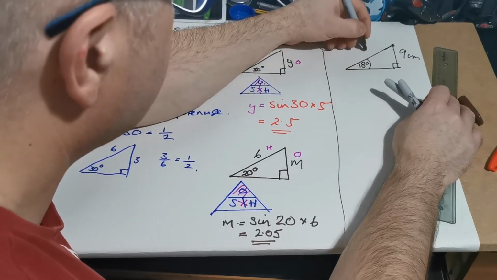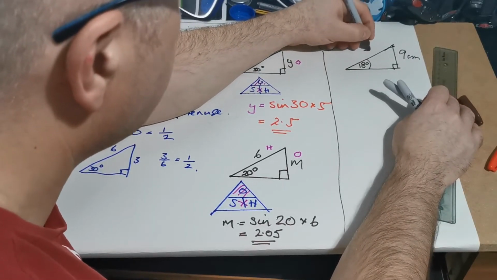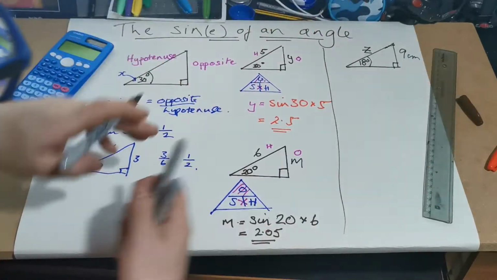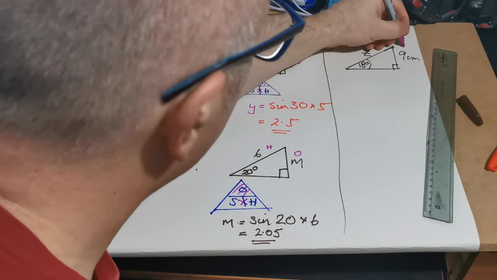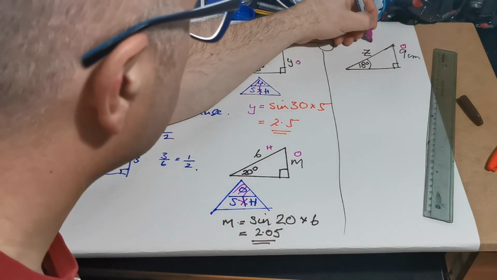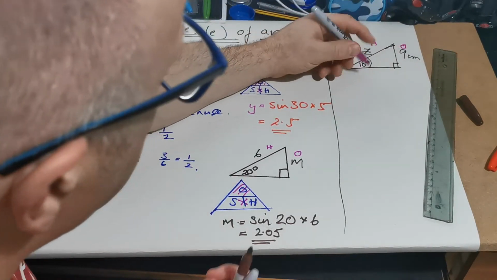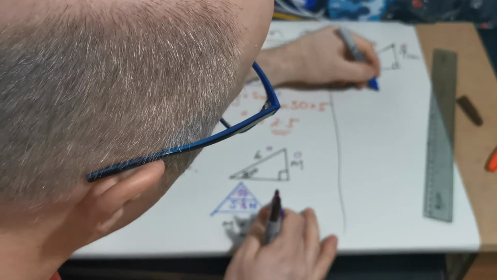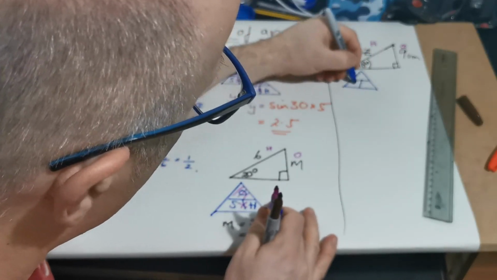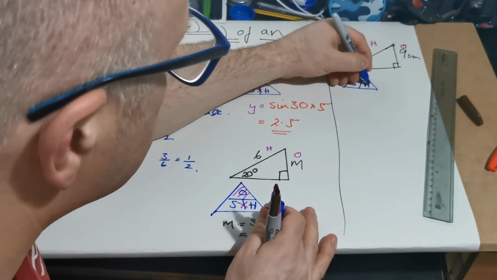And this is what I'm finding. Let's call it Z this time. So first job is to pick out that I know that's the opposite and I know that's the hypotenuse. I'll draw my algebra triangle, SOH.